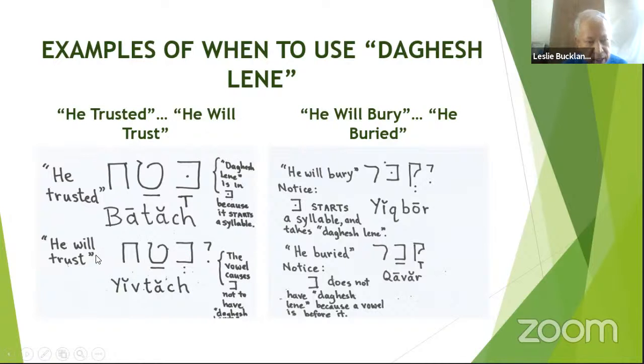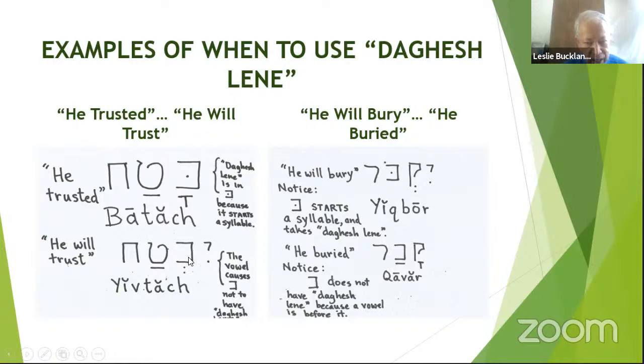This is the word yivtak, meaning he will trust. So notice the vowel causes vase not to have a Dagesh Lenny. The vowel here, this dot here, causes vase not to take a Dagesh Lenny.